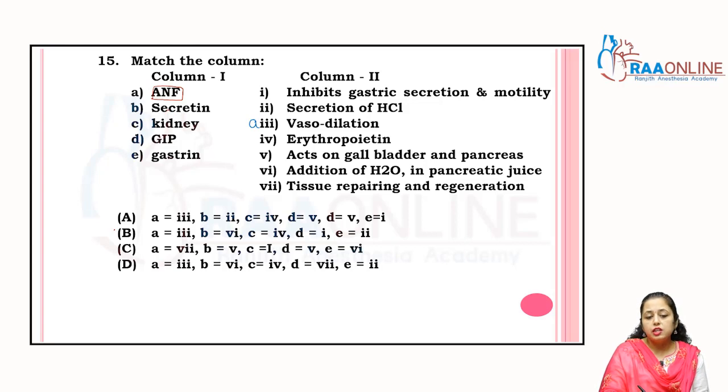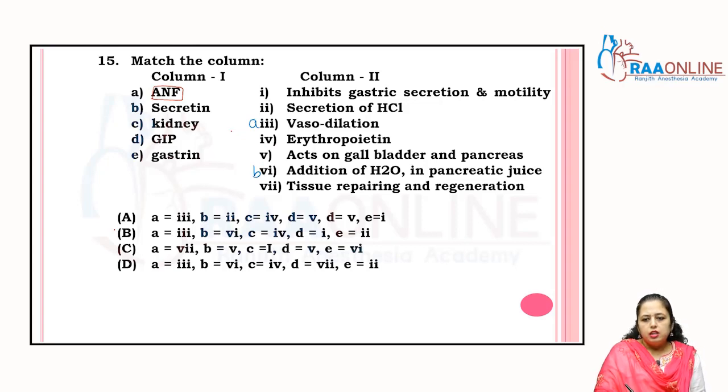Secretin hormone is secreted by the pancreas, right, and it stimulates the non-enzymatic part of the pancreas, that is the bicarbonates and others. It also acts on addition of water in pancreatic juice, so the answer is B6.